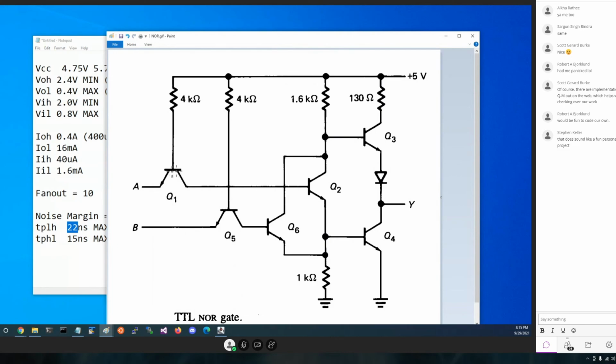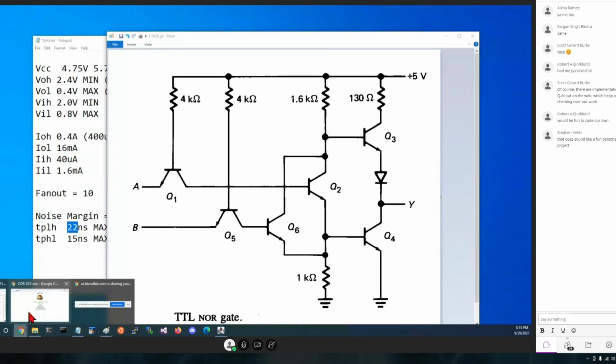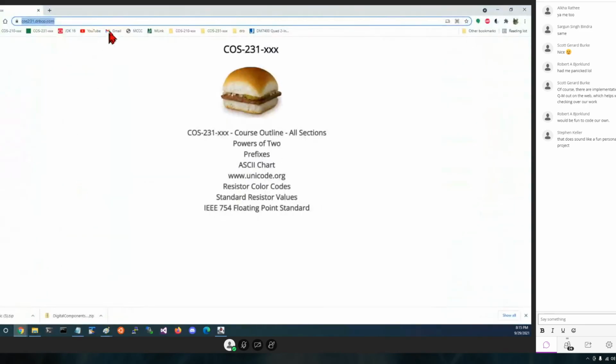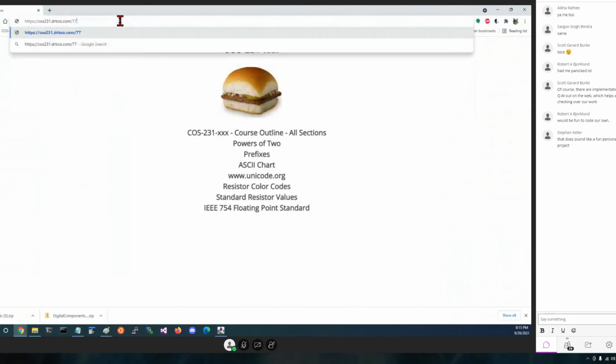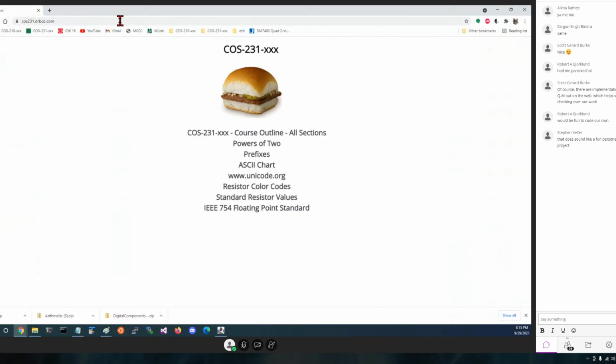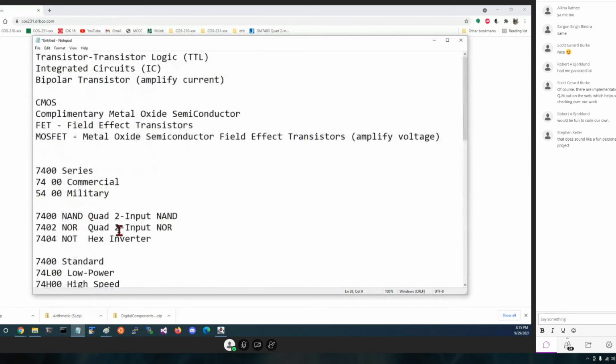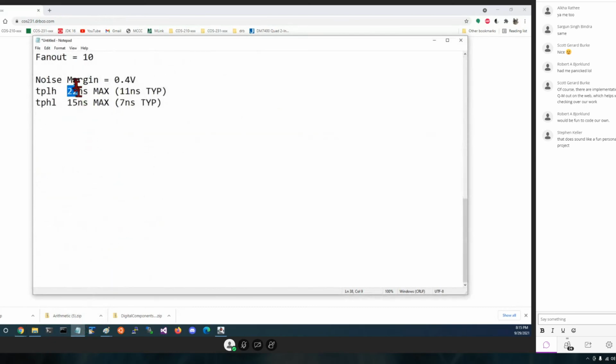Now let's download this. This is on the website. Let me see what I named it. I think it's /ttl.zip where TTL is all uppercase. I don't have it written down anywhere.